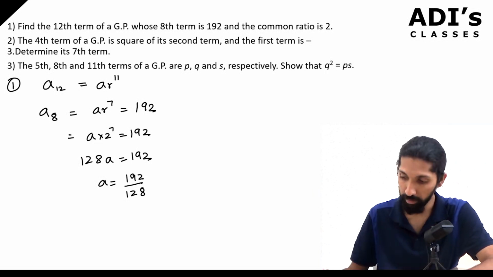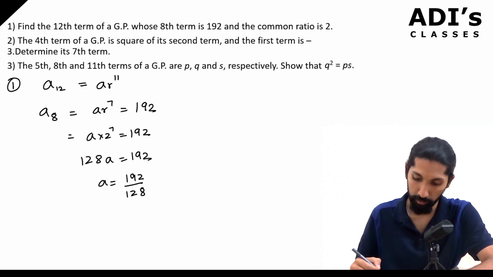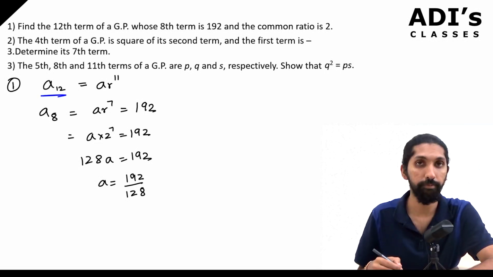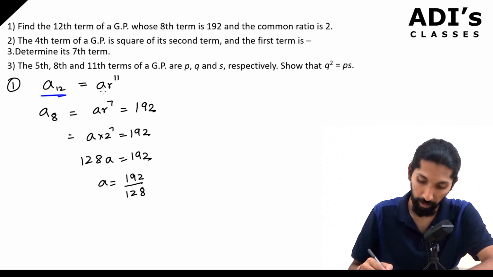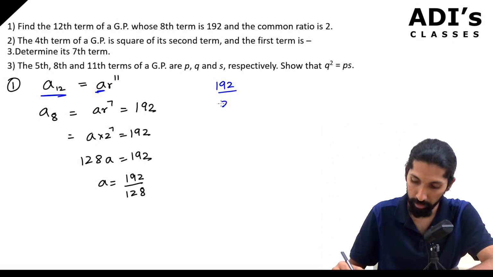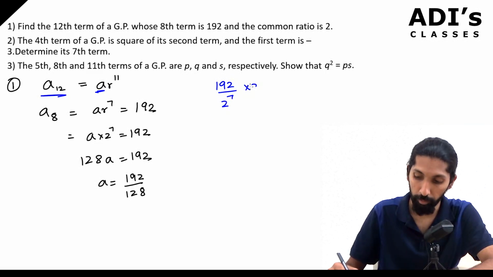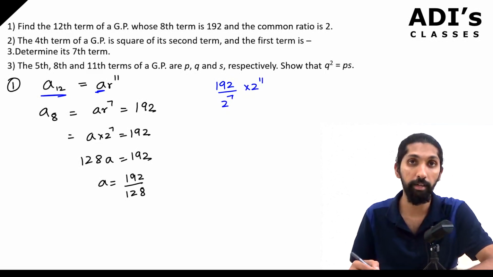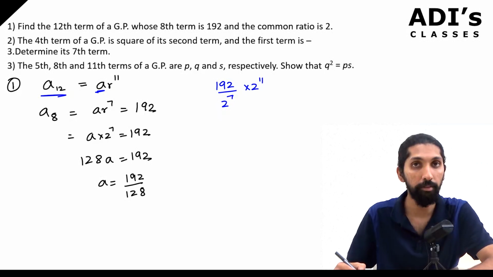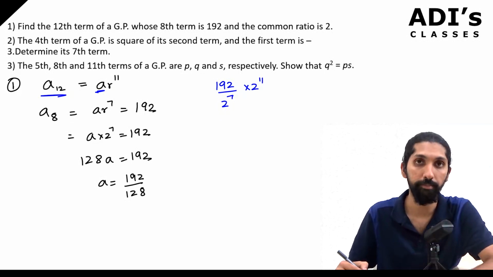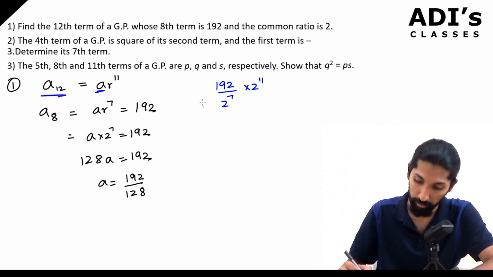The reason is, once you apply this value in A12, you have A, which is 192 by 2 power 7, into 2 power 11. Correct? This will get cancelled out. That is why I told you not to do it. So what do you get? This is A12.